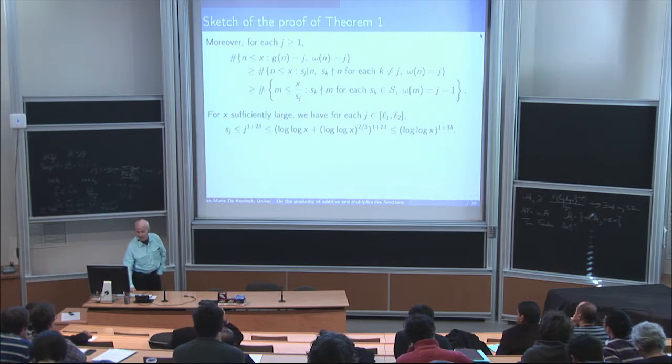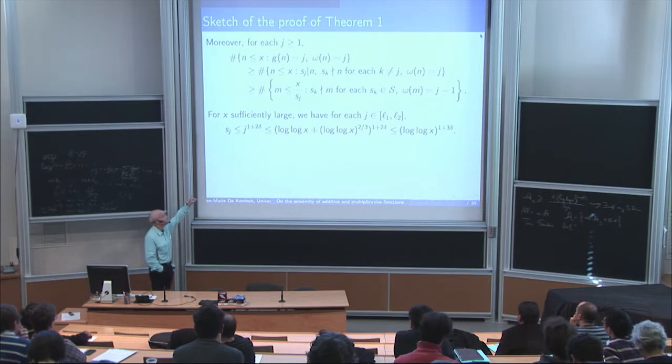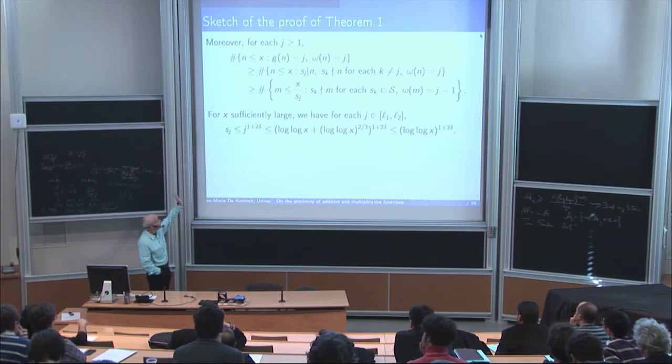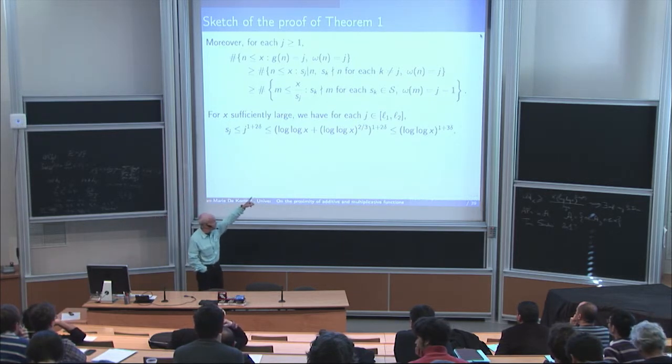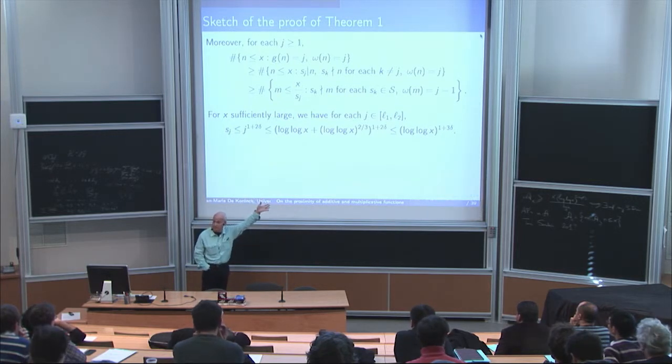Okay, now for x large enough, recall that S_j is bigger than j^(1+delta). But remember those j's are in [L1, L2], they're big because it depends on x and x is big.